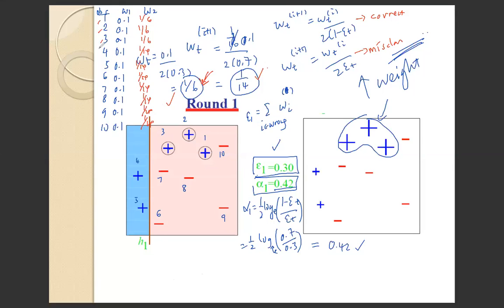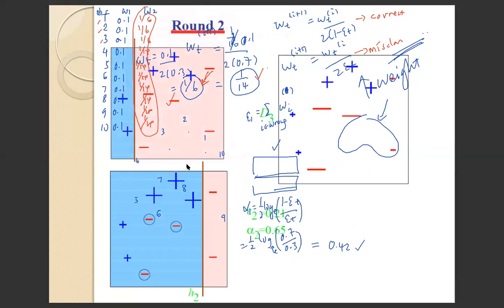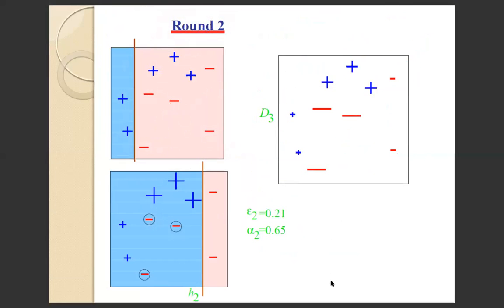Okay, so you update the weights like this. Okay, update the weights like this, and then over here you have the round 2, right?